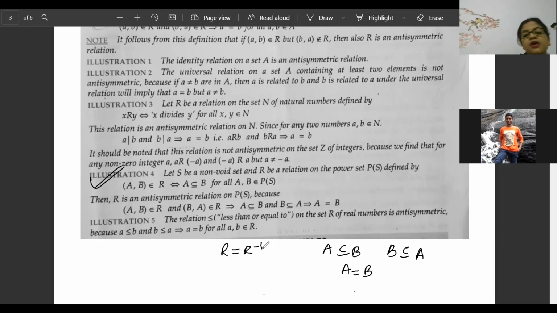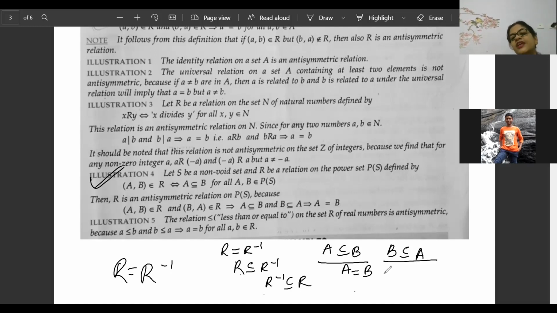When R is a subset of R inverse and R inverse is a subset of R, then definitely R is equal to R inverse. So these subsets are exactly A subset of B, B subset of A. That means A is equal to B.